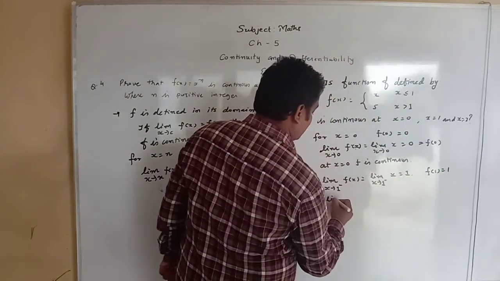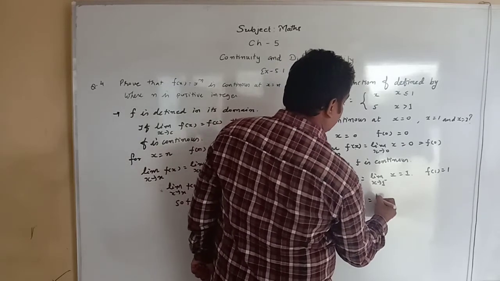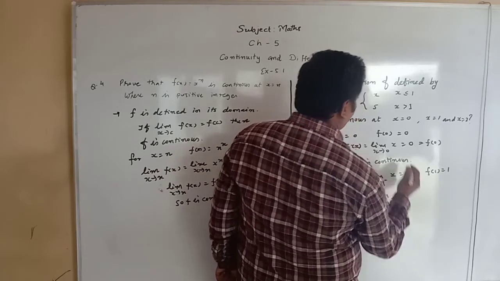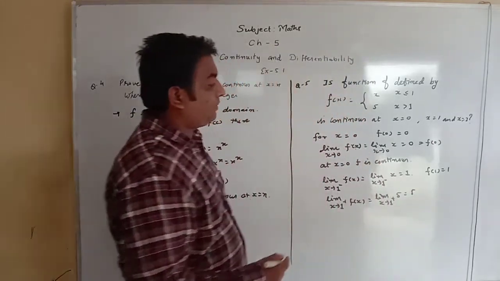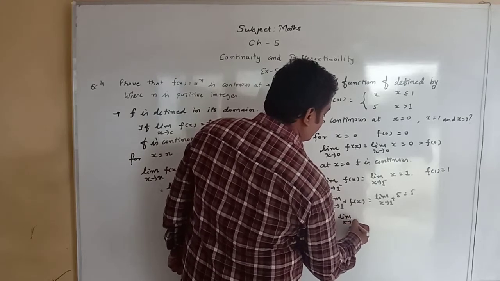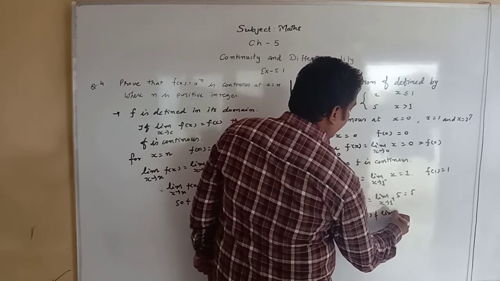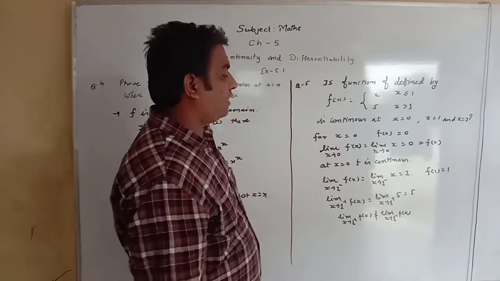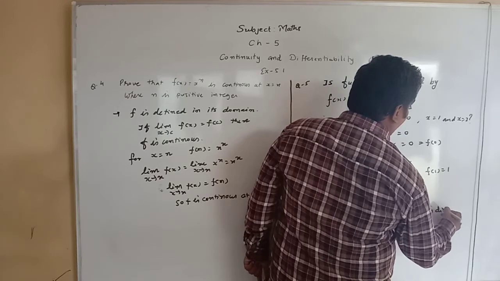And limit x tends to 1 plus f(x) is limit x tends to 1 plus 5, because for x greater than 1 it is given 5, and so 5. So left limit and right limit are not equal. So we write that limit x tends to 1 plus f(x) is not equal to limit x tends to 1 minus f(x), means left limit and right limit are not equal. So f is discontinuous at x equals 1.